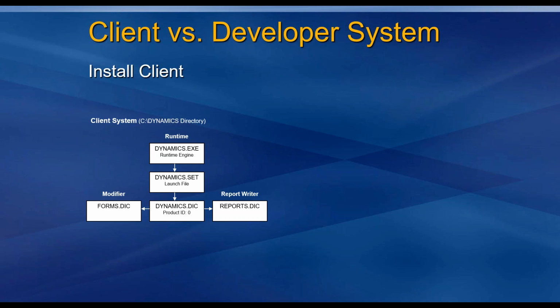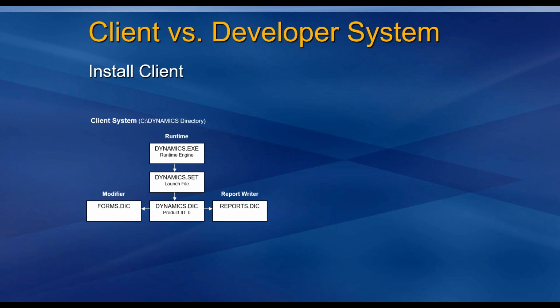That contains a list of the dictionaries to load. So in this situation, we've just got the one dictionary. It loads dynamics.dic as product number 0. If we had any custom forms or reports, they would be in the custom dictionaries on either side. They get created the first time you go into the report writer or modifier.